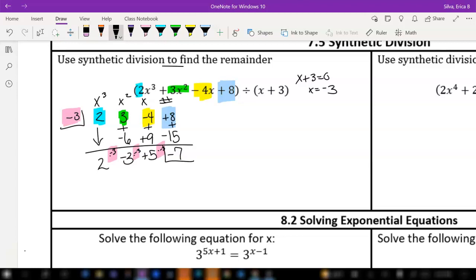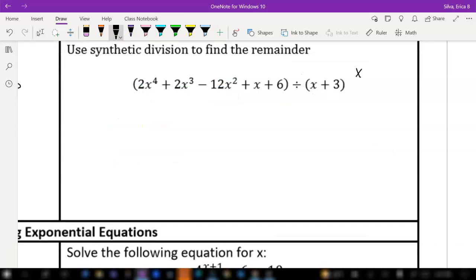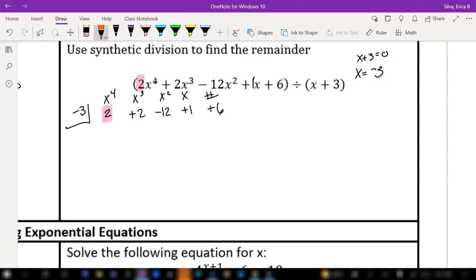And so it's also asking us to do another one. First number, that's 2, and then we're going to multiply all of them by negative 3. Gives us negative 6. We add them, we get negative 4.